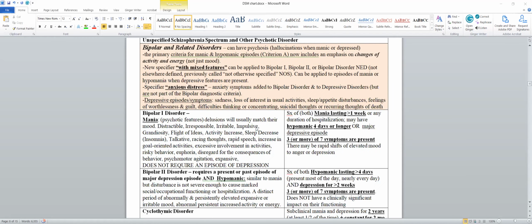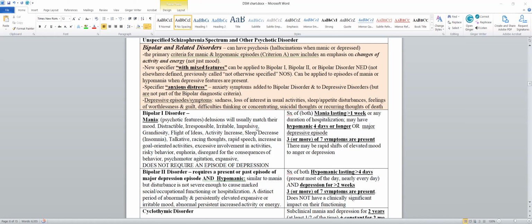Moving on to the next category, bipolar and related disorders. Can have psychosis, hallucinations when manic or depressed. The primary criteria for manic and hypomanic episodes, criterion A, now include an emphasis on changes of activity and energy, not just mood.